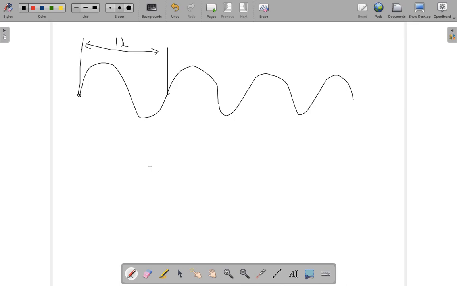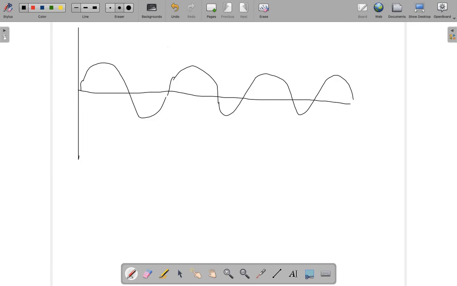Actually, let me take a crest to make things a bit clearer, and draw some axes so I can give them values. Okay, so let's take the crest over here, x0.